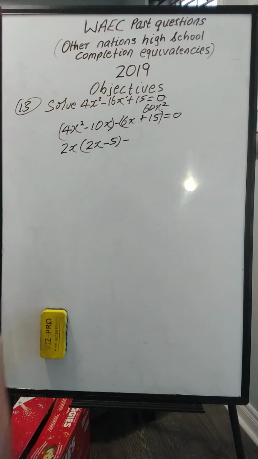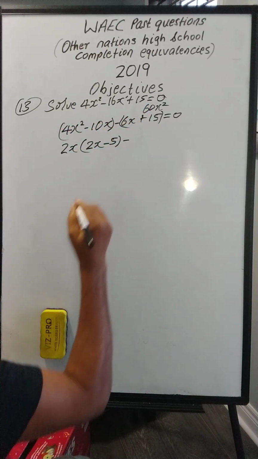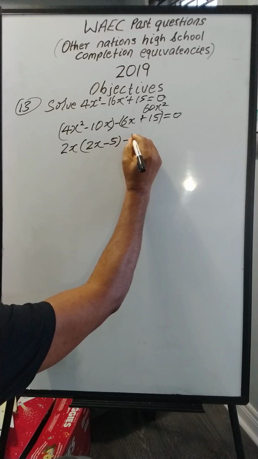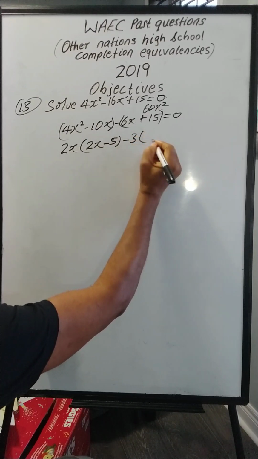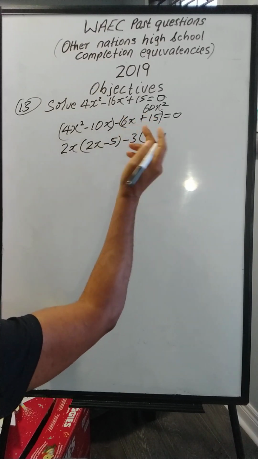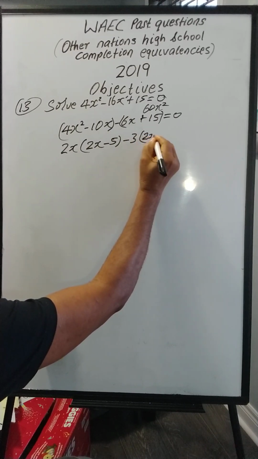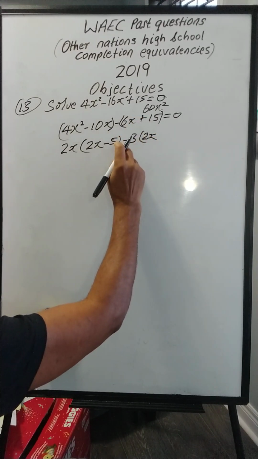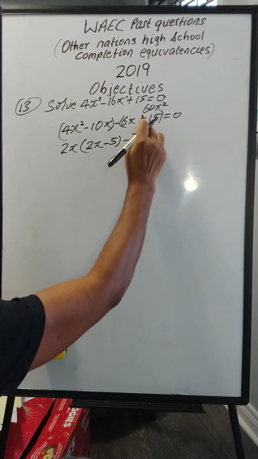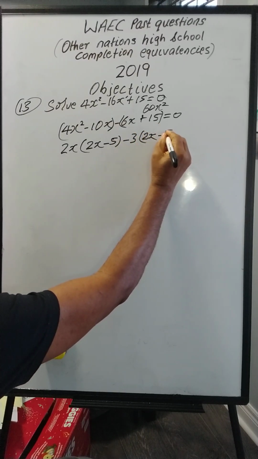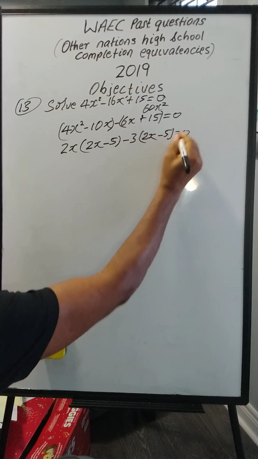We find what is common in the second group, and that is 3. 6x divided by 3 will give us 2x. Positive divided by negative is negative. 15 divided by 3 is 5, equals 0.